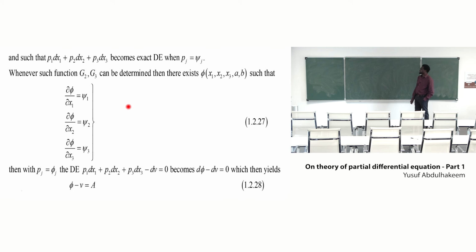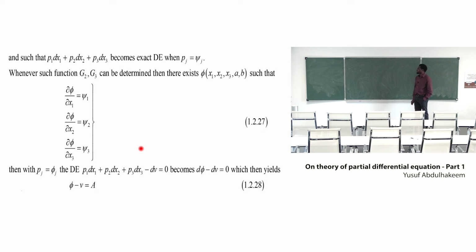So whenever such functions can be determined, then there exists another function phi of x1, x2, x3, and a, b, such that phi_x1 is equal to this, phi_x2 is equal to this, and phi_x3 is equal to this, where with Pj we have this. And the differential equation, this minus dv equal to 0, becomes phi minus dv equal to 0. That is the whole of this.